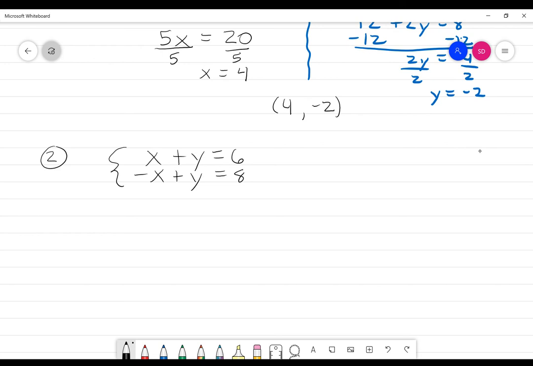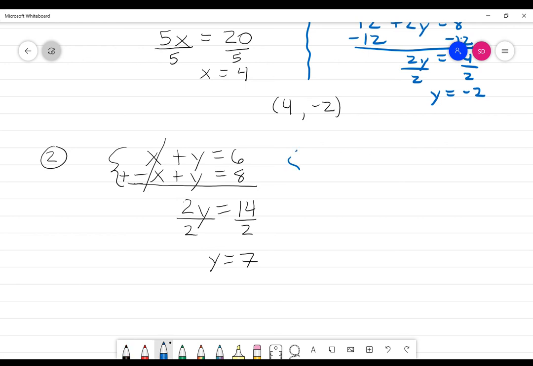So when I add these equations together, I'm going to put a plus sign in the front here. Notice that x plus negative x, so it's 1x plus negative 1x, that's going to cancel. Remember the opposite signs, if they're the same coefficient, the same number, they're going to cancel and give you 0. And then I add my y's together, I have 2y, and 6 plus 8 is 14. So now I can divide both sides by 2, and y equals 7.